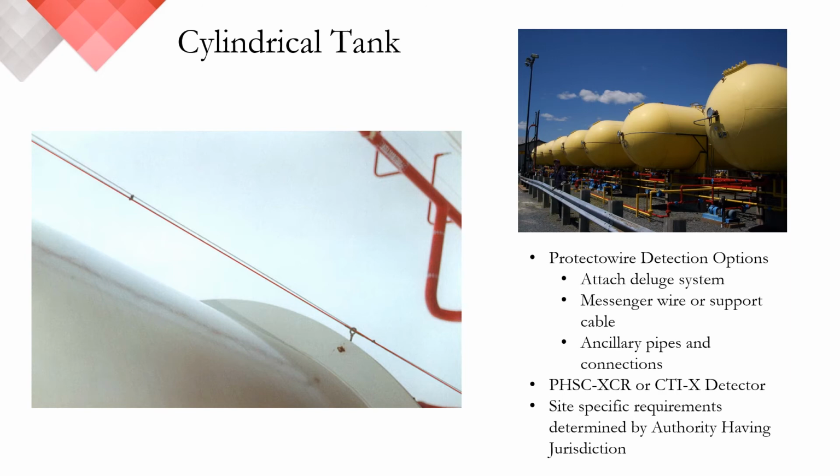So that's something to think about. Again, the detector you would be using in this environment is the PHSC XCR, or if you're using the CTI series, you would be using the CTI-X. And remember to always consult the authority having jurisdiction for all site requirements.